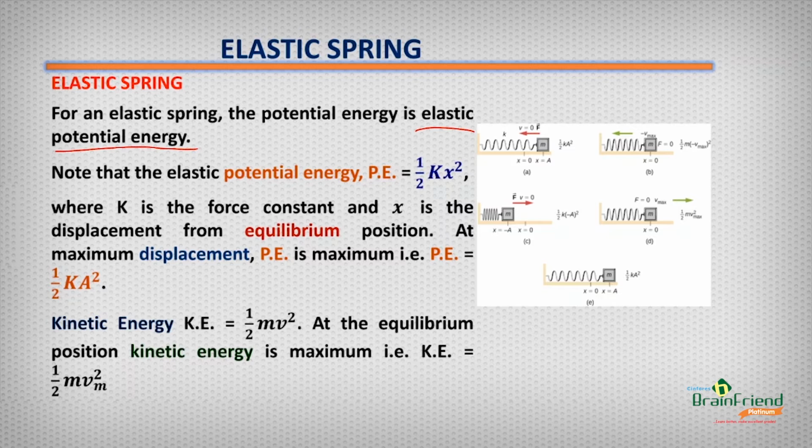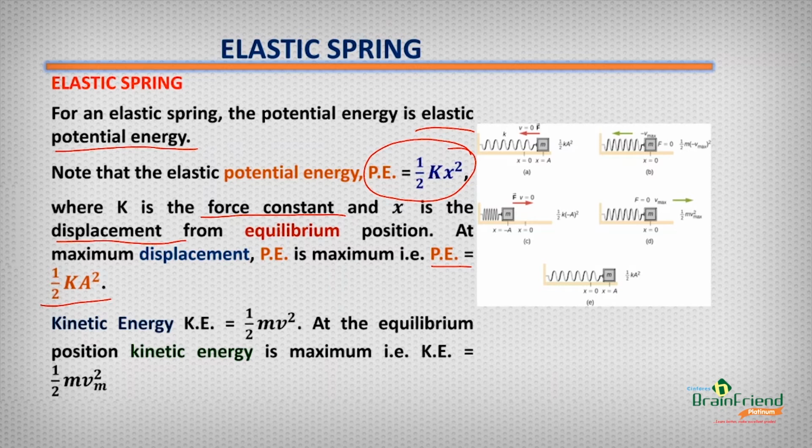And the formula for calculating elastic potential energy is PE equal to half Ks squared, where K is the force constant and S is the displacement from equilibrium position. At maximum displacement, potential energy is maximum, that is, PE is equal to half Ka squared. Recall that at maximum displacement, S is equal to A, where A is the amplitude of the motion.